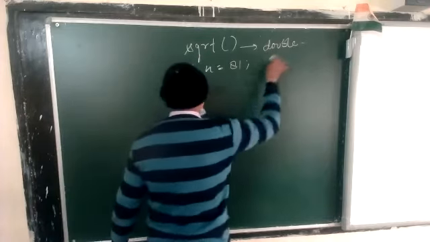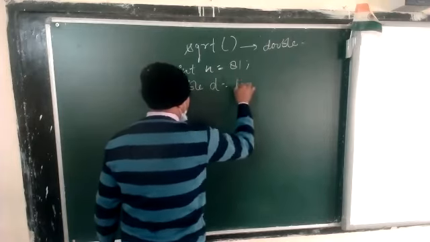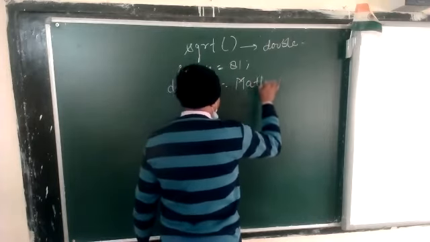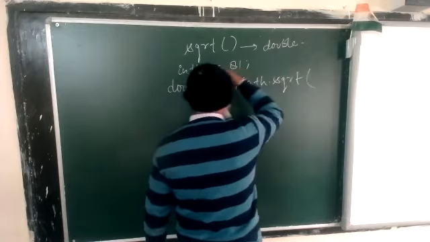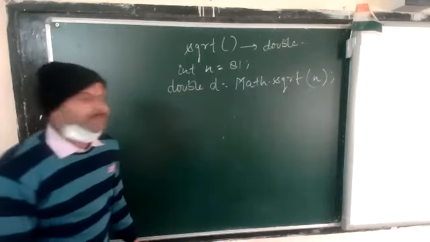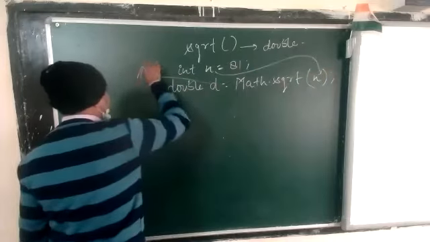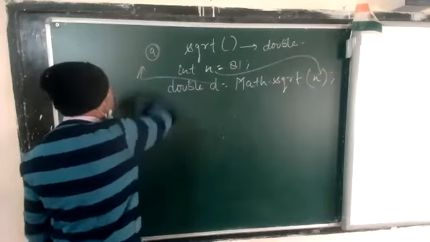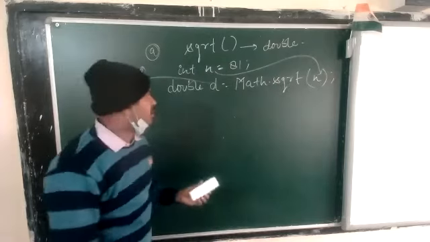This also returns double type, so write double d equals Math.sqrt. That value can be passed or that variable can be passed. So I passed a variable and it returns the answer 9, the square root of that particular number.